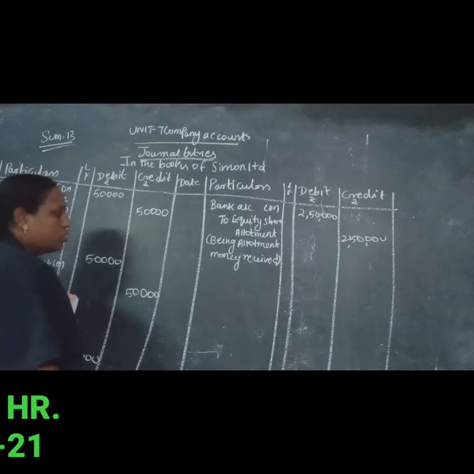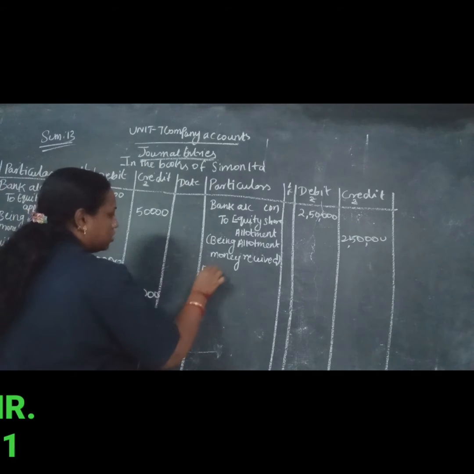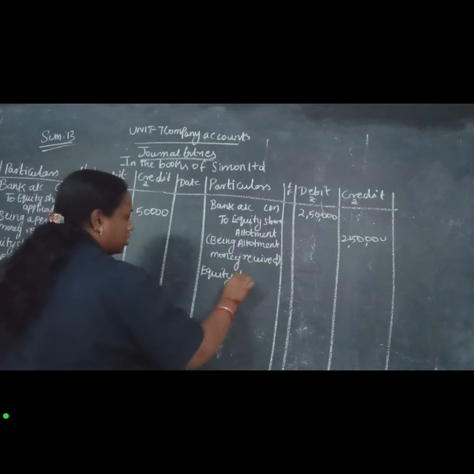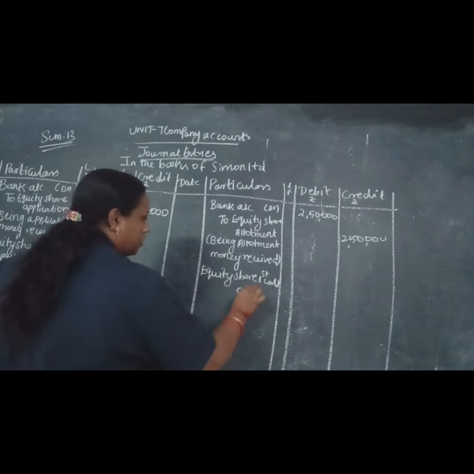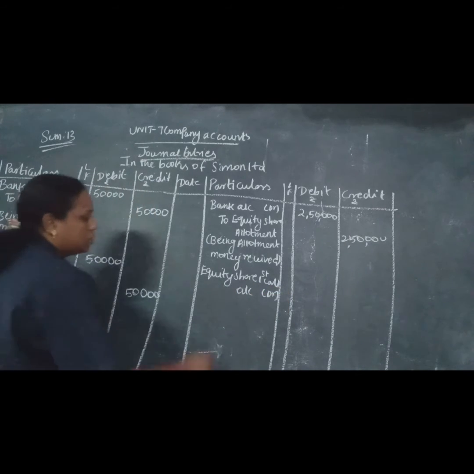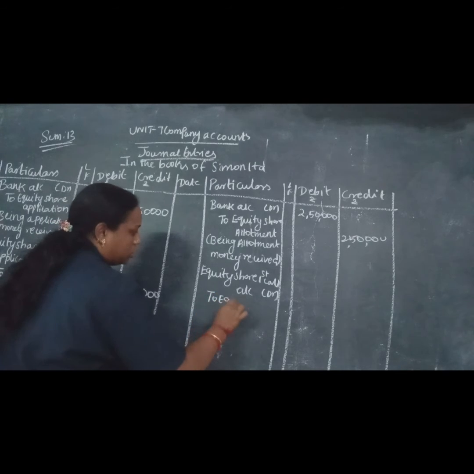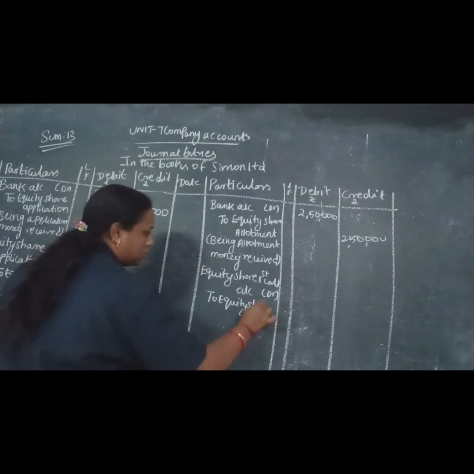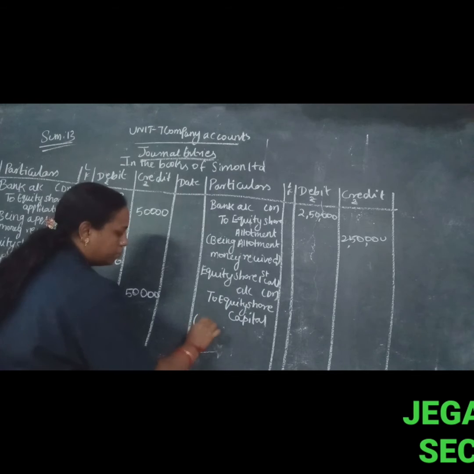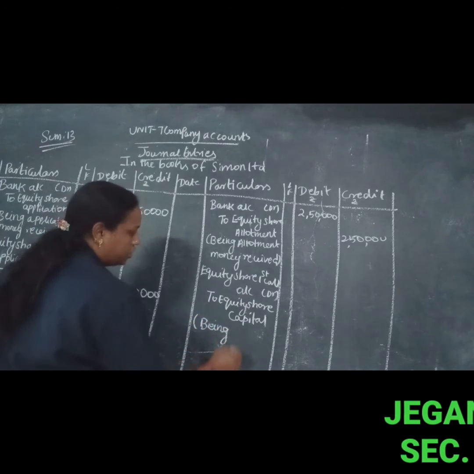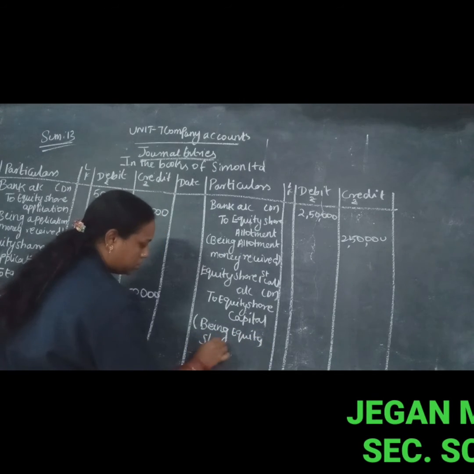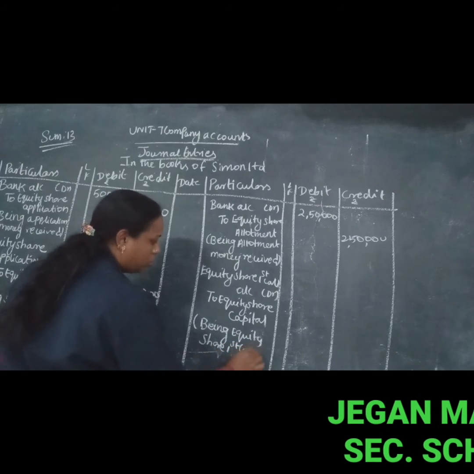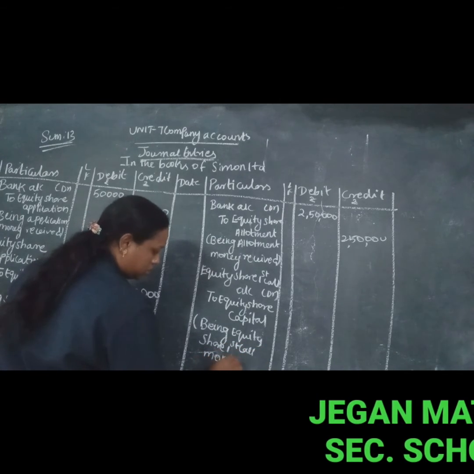The next entry for first call. Equity share first call account debit to equity share capital. Narration: being first call money due.